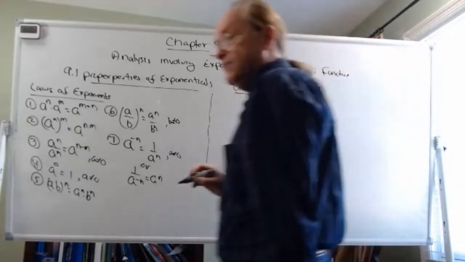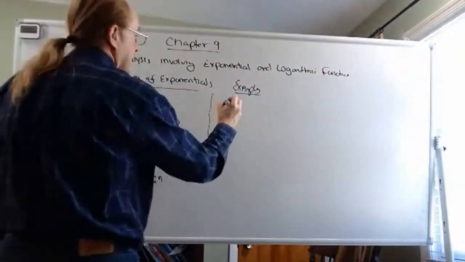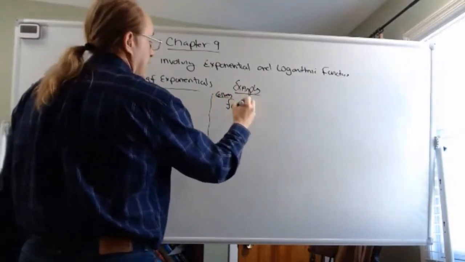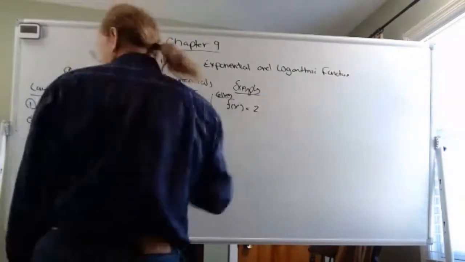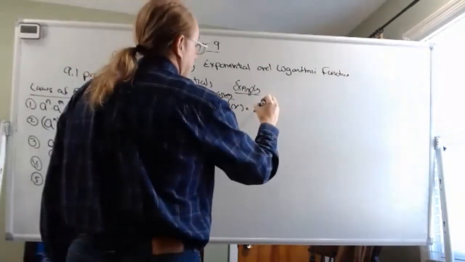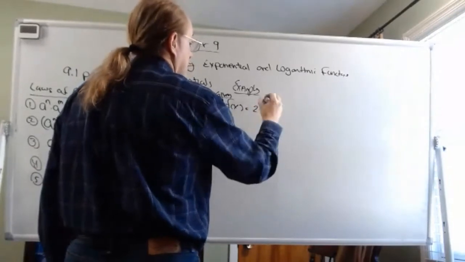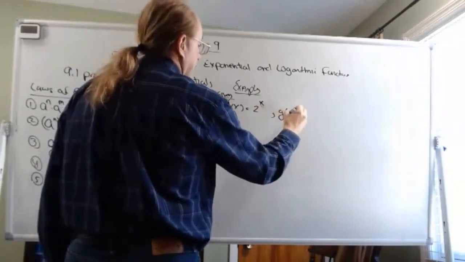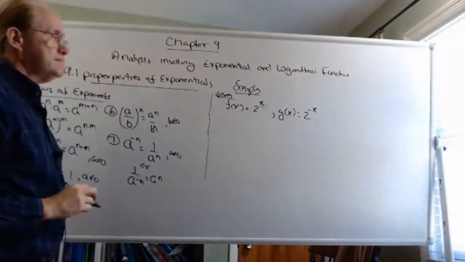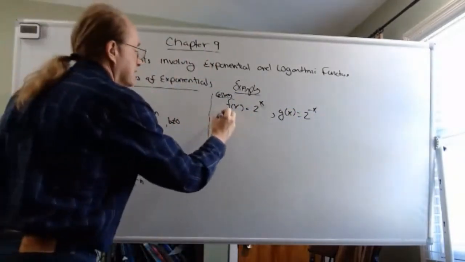So say I give you the given information: f of x is 2 to the x, and g of x is 2 to the minus x. And I want you to find the following.